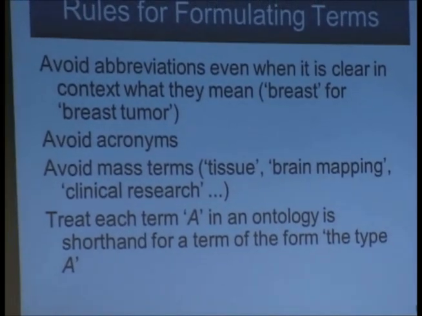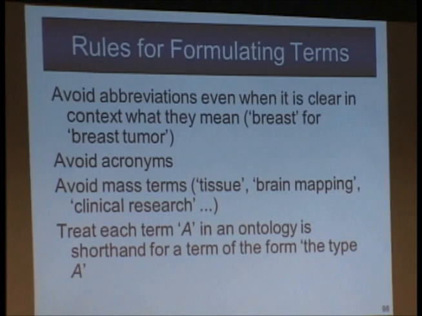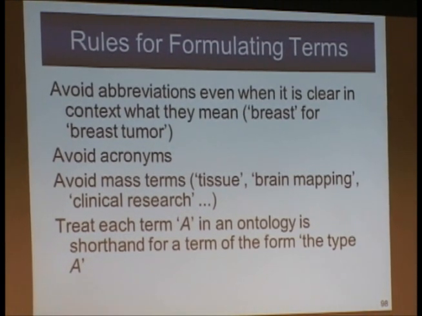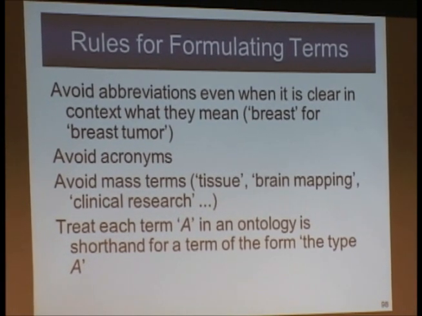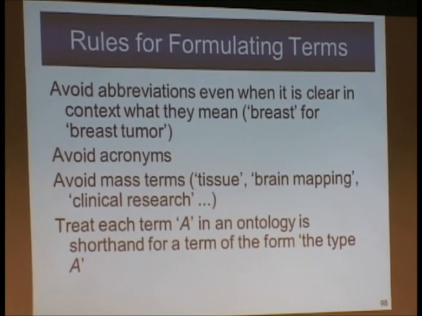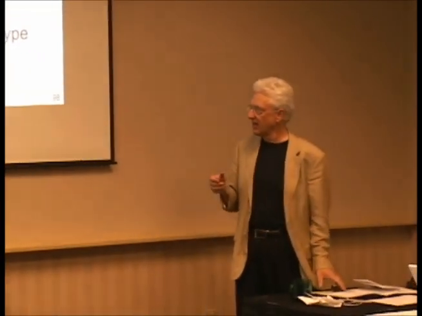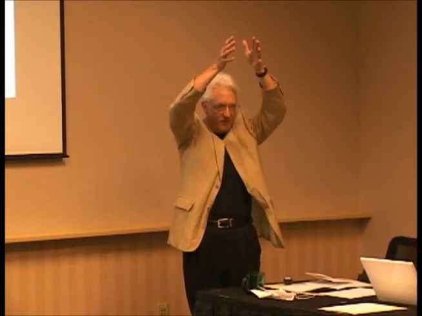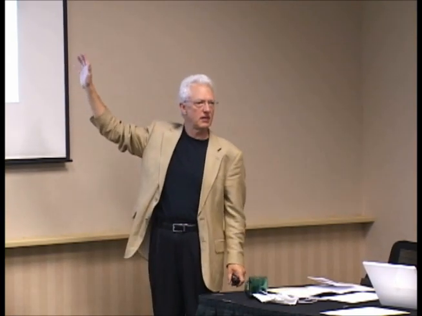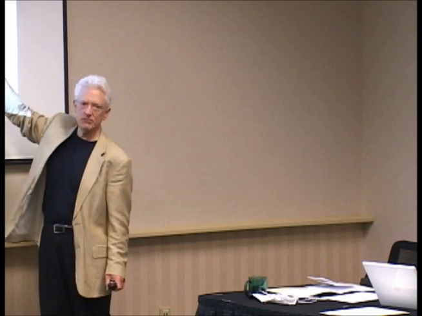Now, when you're formulating terms, in the older days, when people used typewriters, there was a reason for being economical in the length of the typing work you had to do. Databases are very often formatted in such a way that the column headers should be nice and short acronyms. In ontology, there's no reason to be economical with the typography. And the gene ontology has terms which are 3 lines long, and the same goes with SNOMED. So avoid acronyms as far as possible.